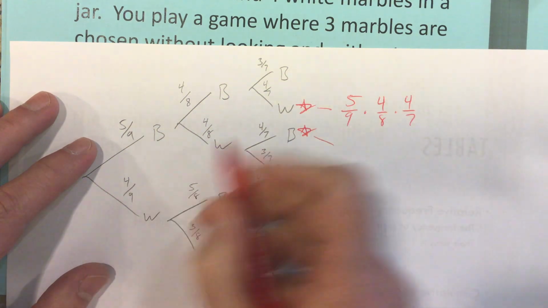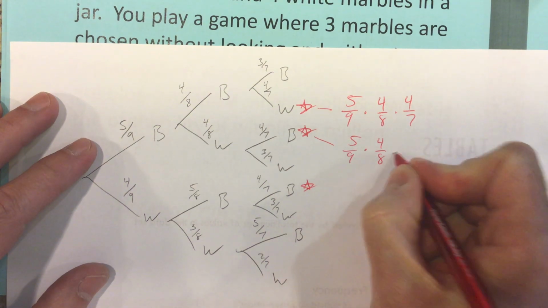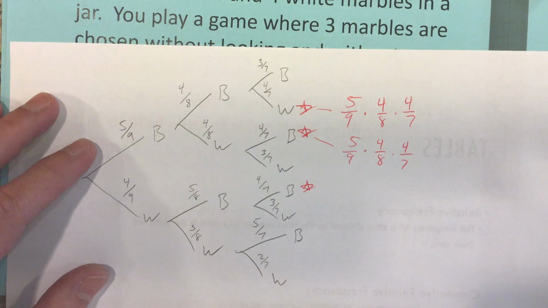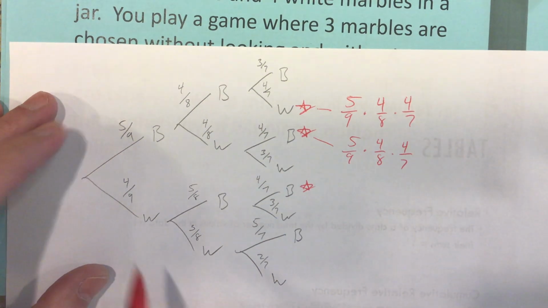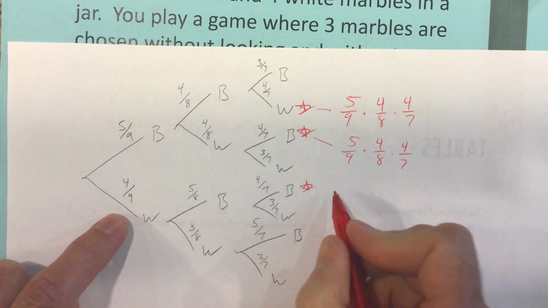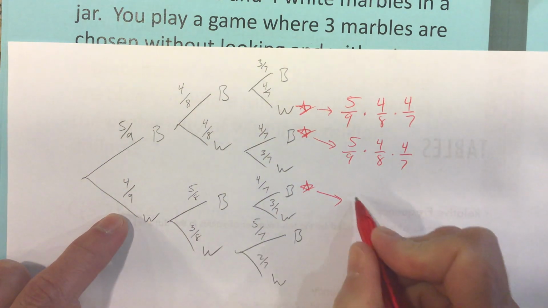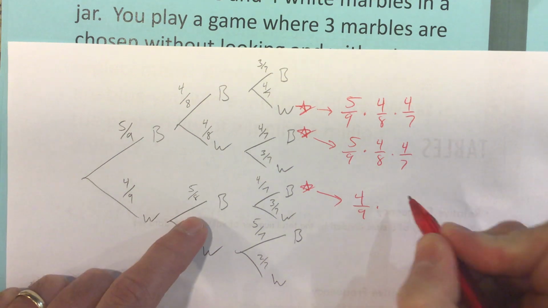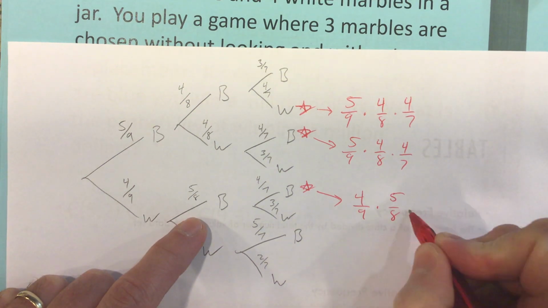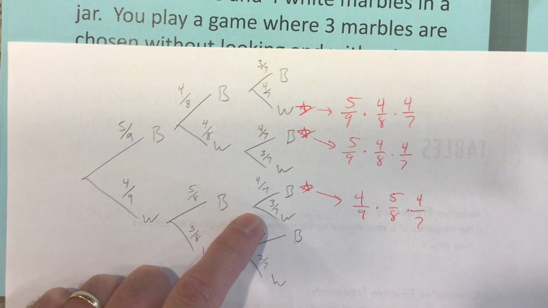This branch here I've got 5/9 times 4/8 times 4/7. Interesting. Down here, this one looks different at first at least. So down here, that one is, put arrows, 4/9 times 5/8 times 4/7.